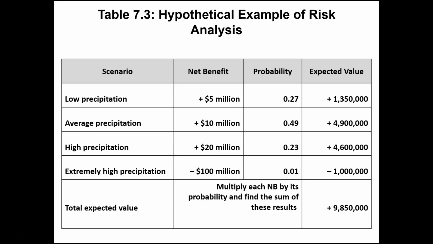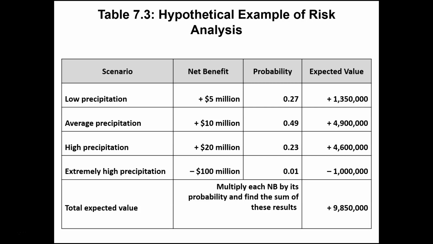If we get a lot of rain, then the benefit of a dam may be lower than if we don't get as much rain, because the dam may break or flood, right? If we don't get much rain, then the benefits of a dam also may be lower because we didn't really need the dam to start with, or it doesn't provide as much electricity, or whatever the reason for building the dam was.